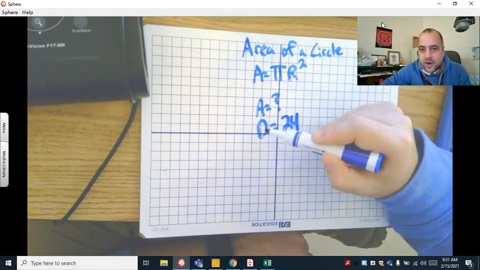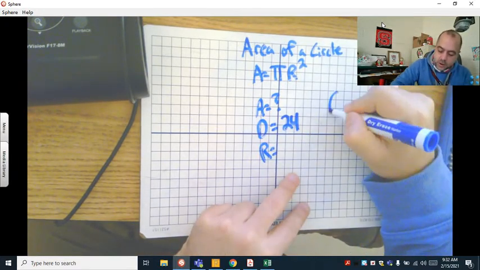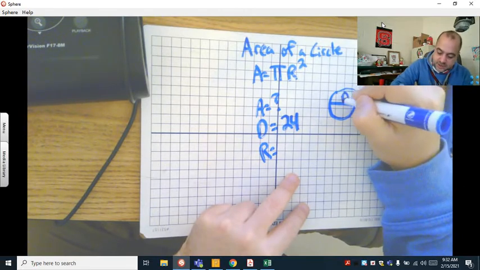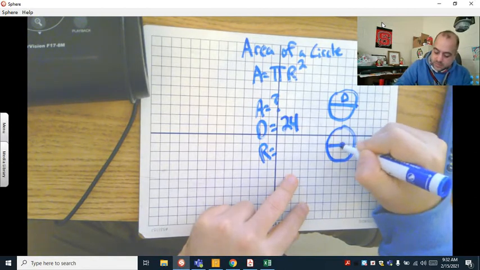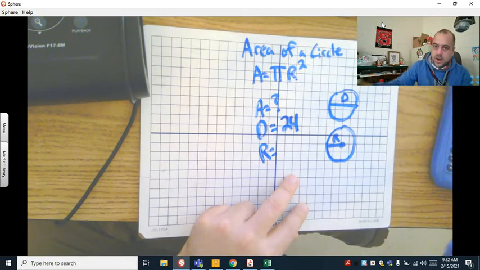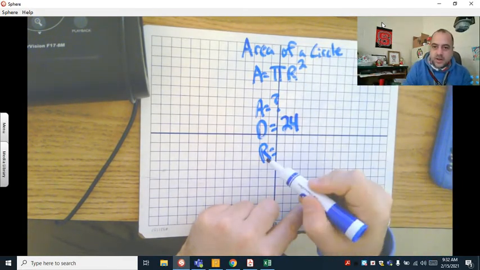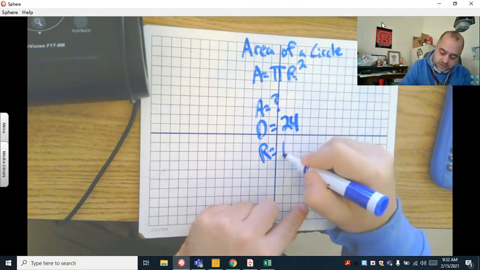Can we figure out what the radius is based on the diameter? Yeah. Remember that diameter goes all the way across. That's the diameter. And the radius only goes halfway from the center to the end. That's the radius. So if diameter is 24 and radius is half the diameter, the radius is half of 24, which is 12.